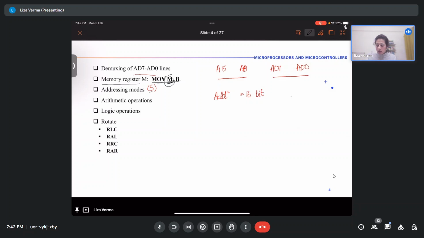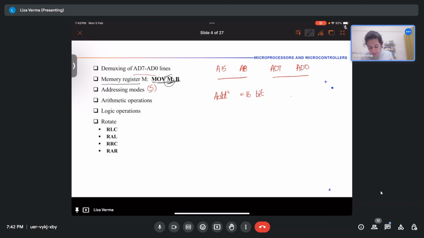Should I explain these rotation instructions? Please write yes or no, or else I won't. Yes. Okay. So these are also examples of implied addressing mode.